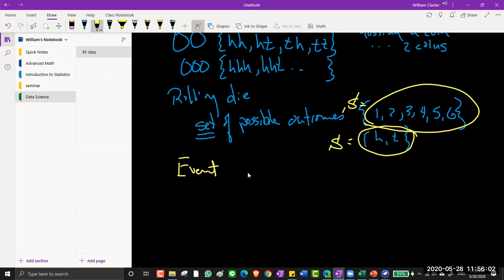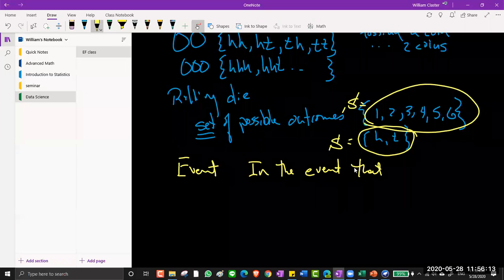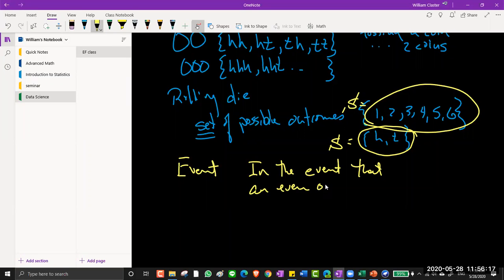So what do we mean by event? So we might say, in the event that an even number occurs, you get 1,000 yen.